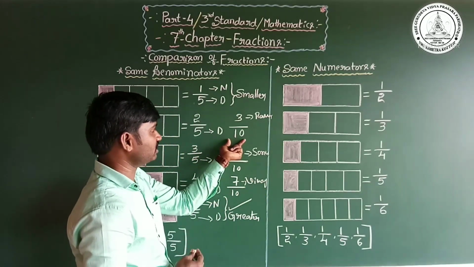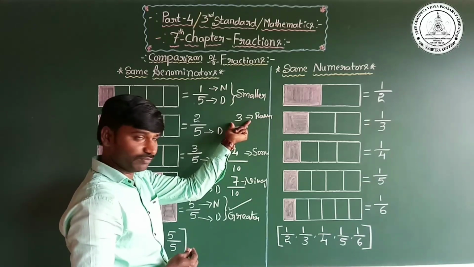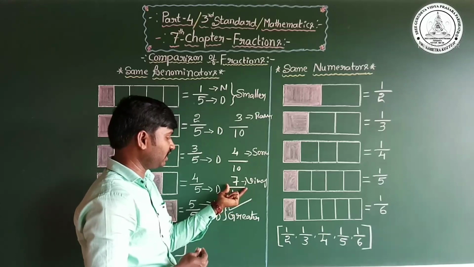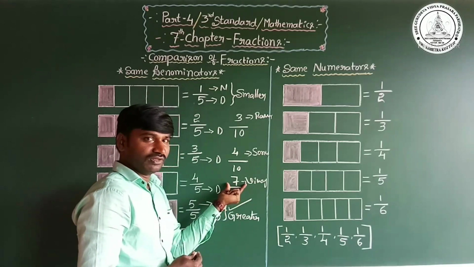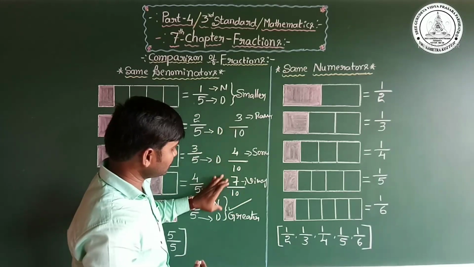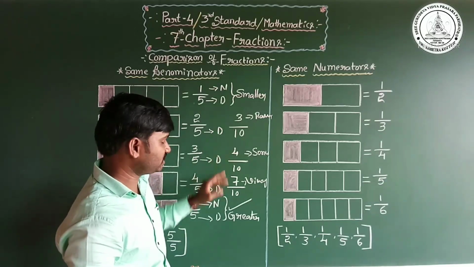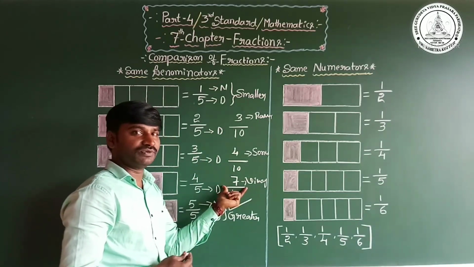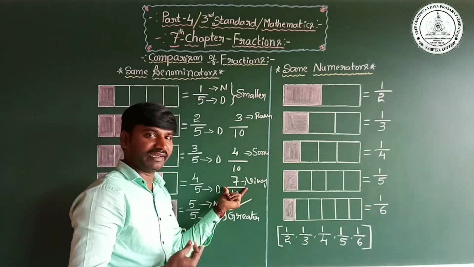So out of 10 marks, Ramu got 3, Sonu got 4, and Vinay got 7. If we compare these numbers, who has taken more marks?